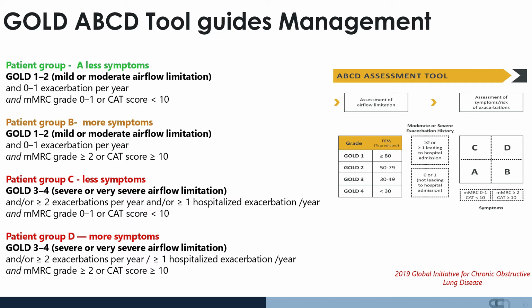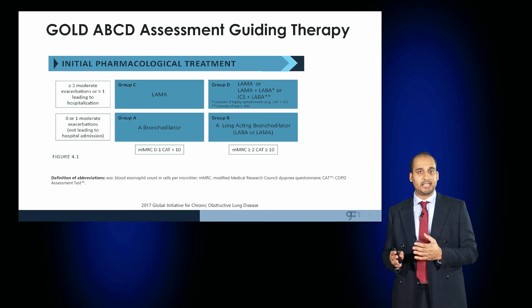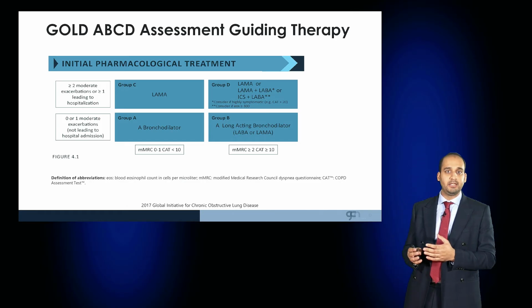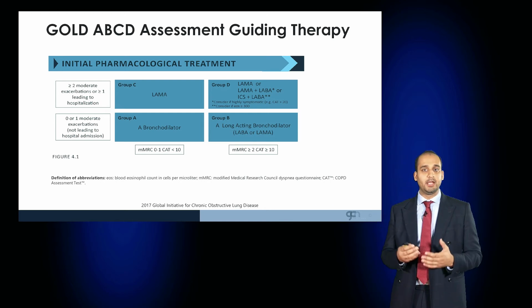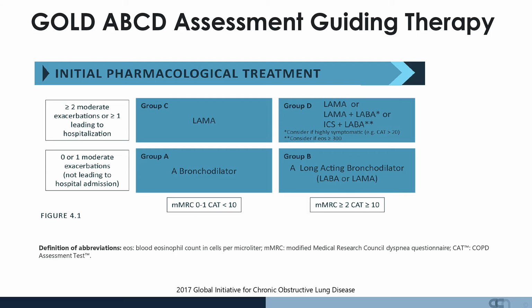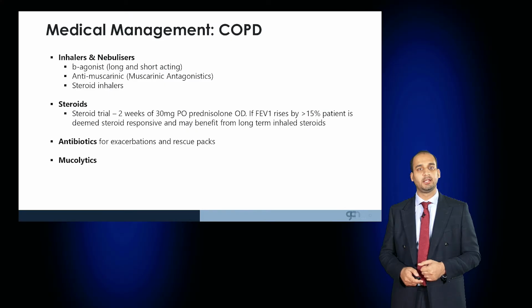By using these assessment tools, this then facilitates the therapy. So if the patient is Group A, you can offer bronchodilator therapy. Group B patients can be offered a long-acting bronchodilator, either a LABA or a LAMA, and Group C can be offered a long-acting muscarinic antagonist, and a patient who is Group D may require more aggressive therapy such as a LAMA or a LAMA plus a LABA or an ICS and a LABA.